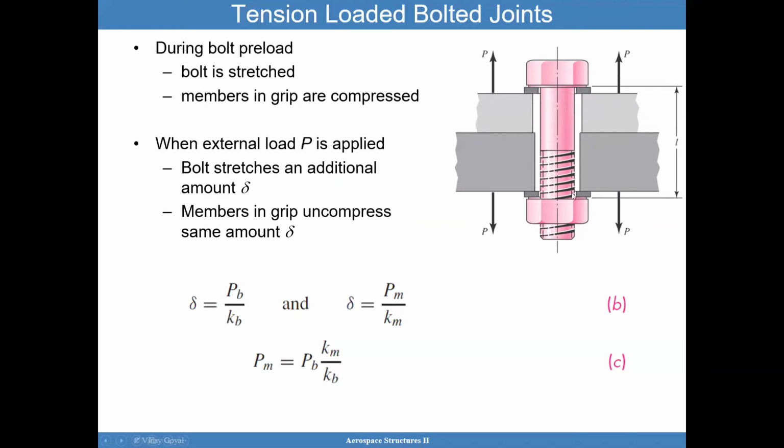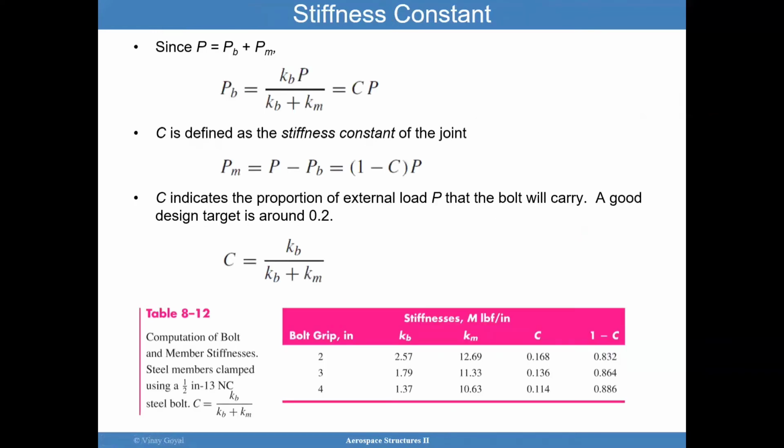That's why we did that calculation earlier: to show you that by finding Km and Kb, I can determine what percentage goes into the bolt versus the member. And recall that Pm plus Pb is the total load applied, P. So if P is Pb plus Pm, then the force that goes into the bolt is Kb times P divided by Kb plus Km.